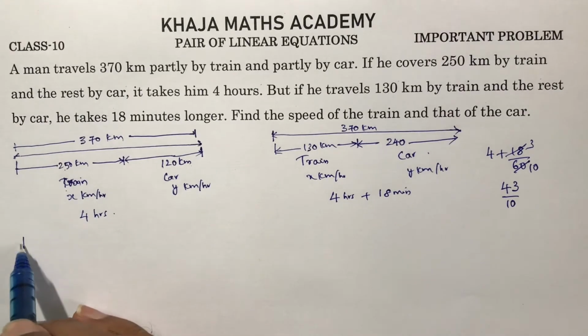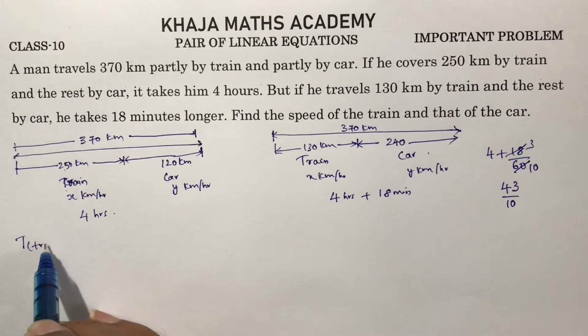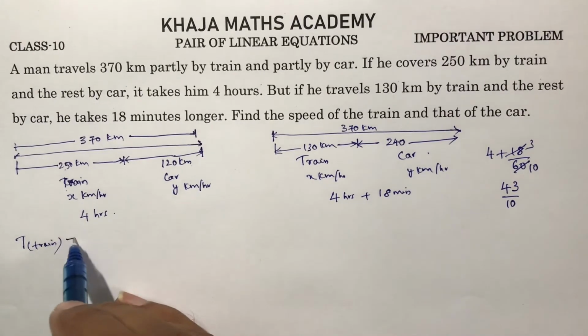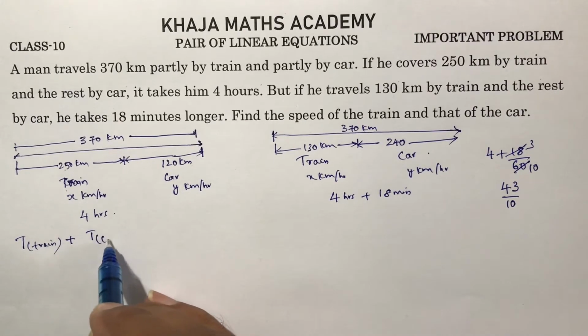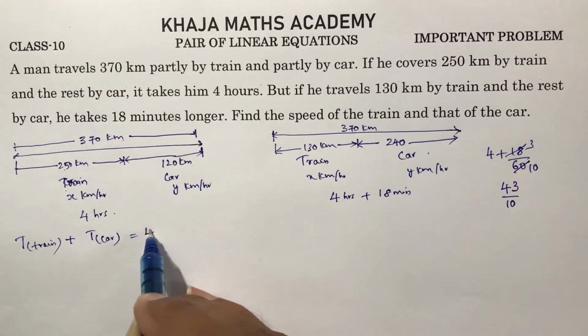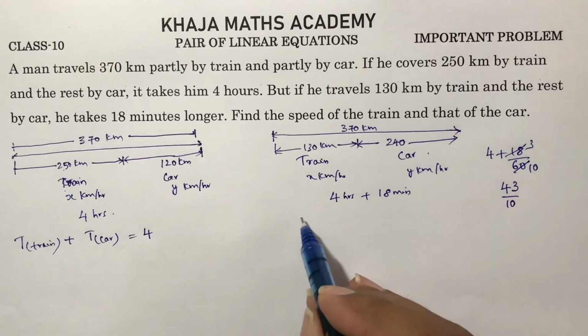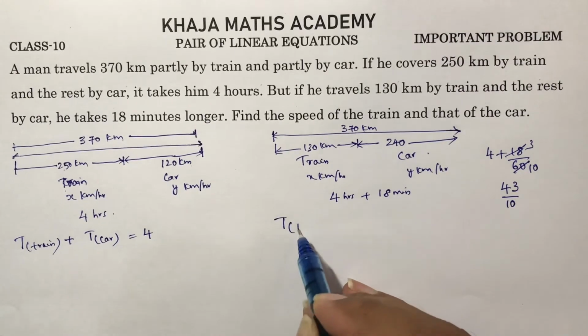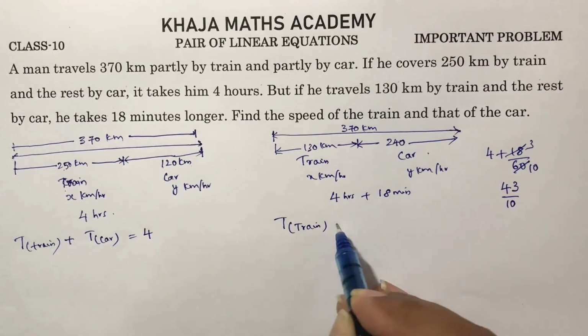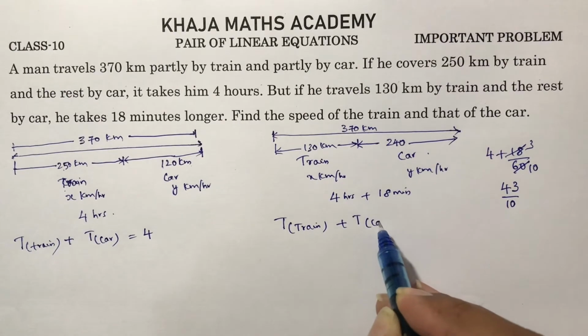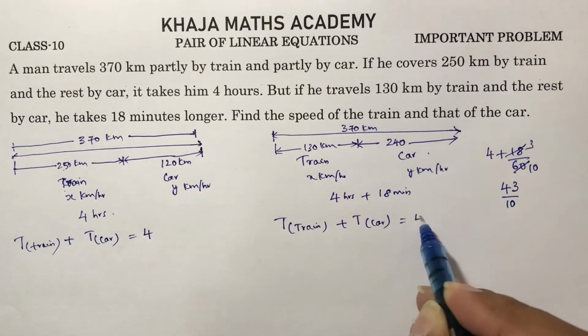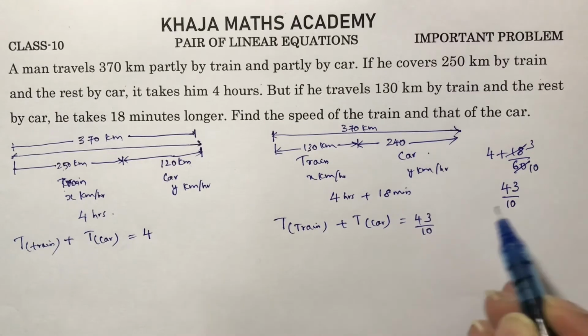Now see here, time taken by train plus time taken by car is 4 hours. In this case, time taken by train plus time taken by car is 43 by 10 hours.